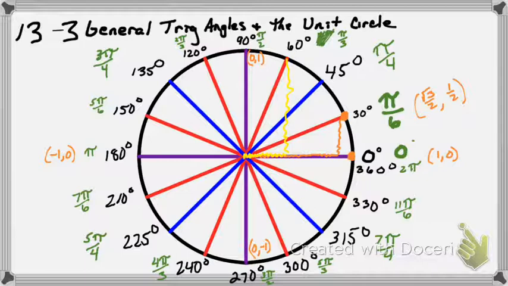So, given that information, what do you think the coordinate is for 60? 1/2, comma, root 3 over 2. Positive 1/2, positive root 3 over 2.